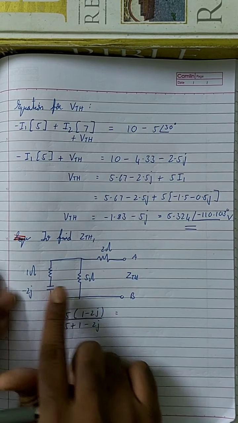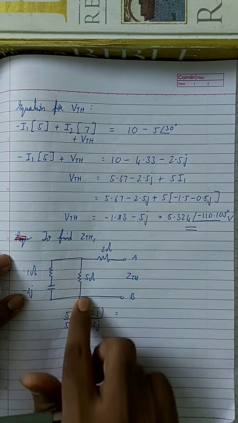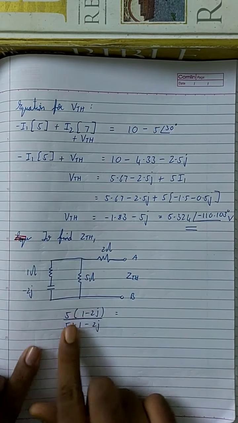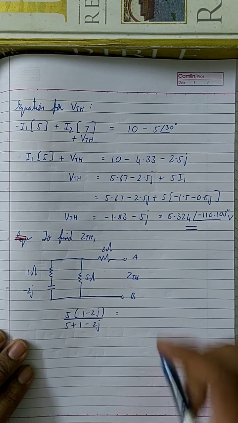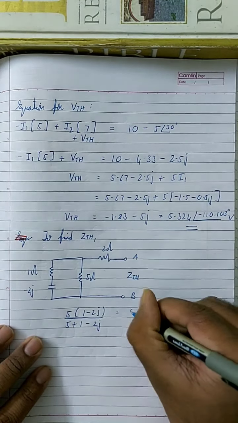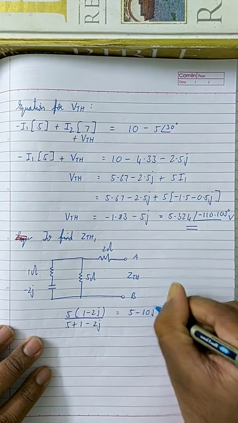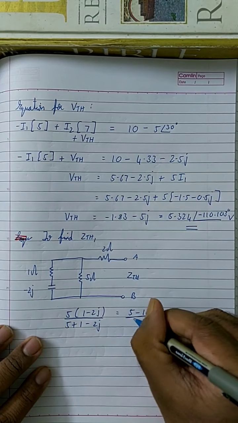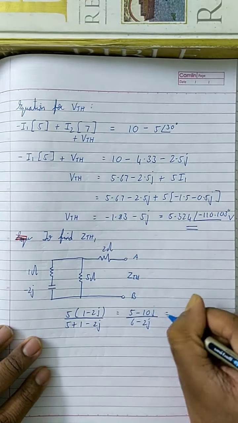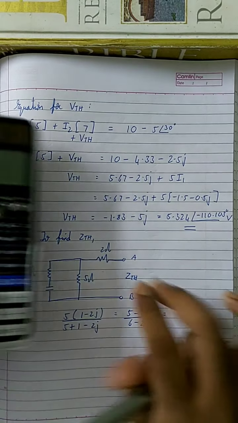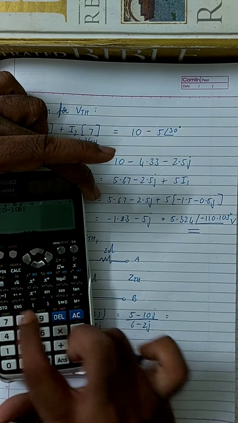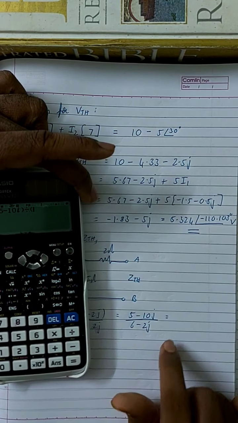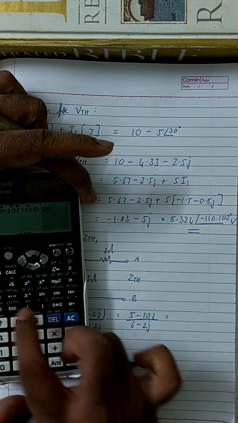So if I combine these two, since these two impedances are parallel to each other, therefore it is 5 into (1 minus 2j) over 5 plus (1 minus 2j). You will get 5 minus 10j by 6 minus 2j, which is equal to 5 minus 10j divided by 6 minus 2j.